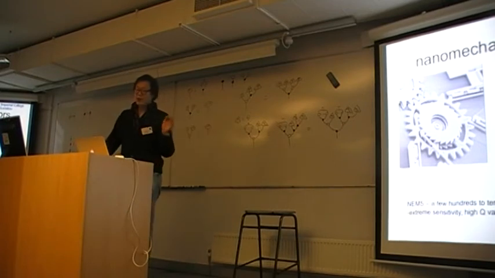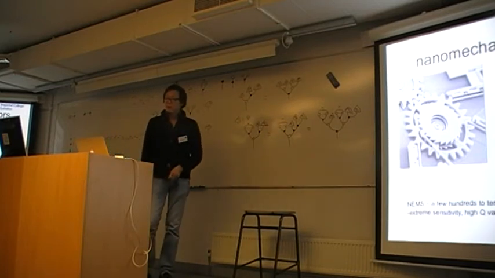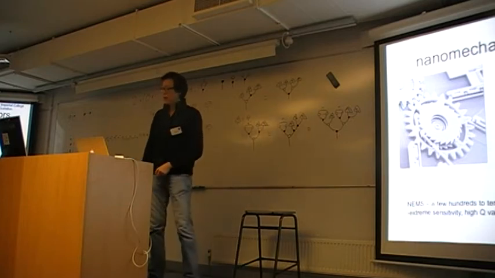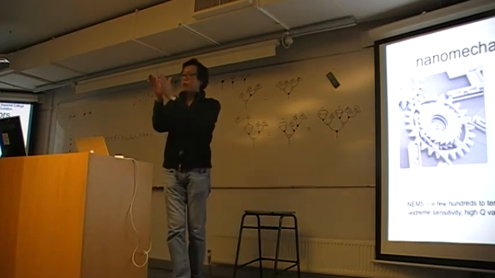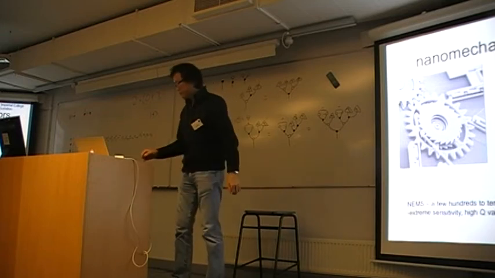It includes extreme sensitivity. Once you have this nano machine, they think that the sensitivity must be much better, and they expect high Q values because the mode volume becomes very, very small.